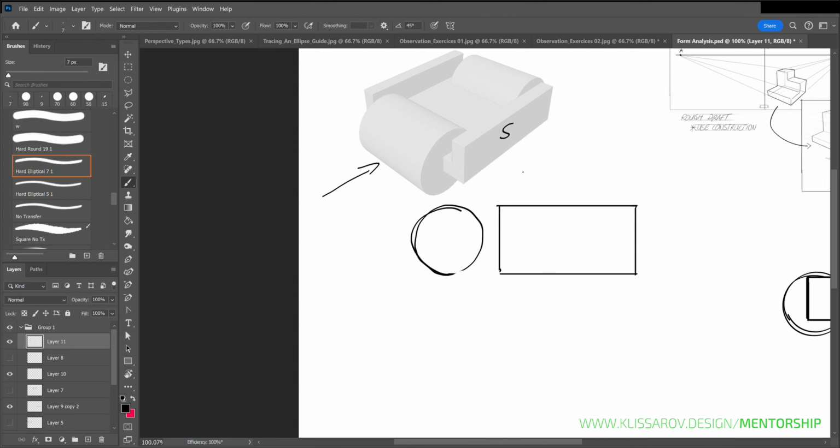Let me have a look at that. They say rectangle, right? Yeah, it's a rectangle. That's what I thought, but I wasn't sure. Rectangle.